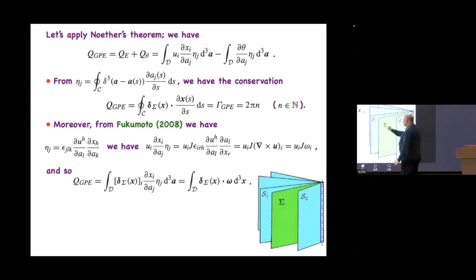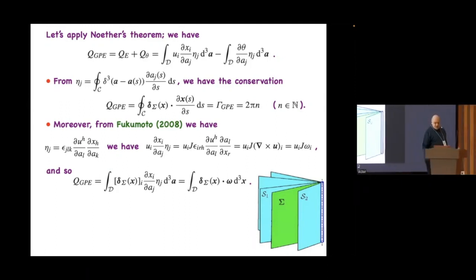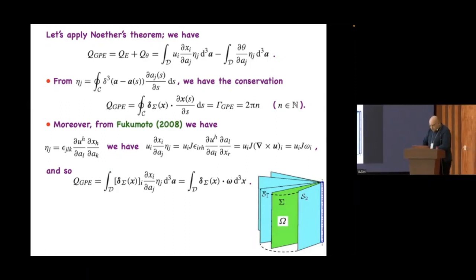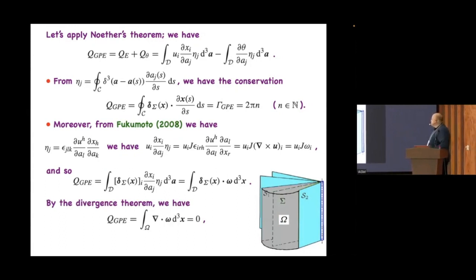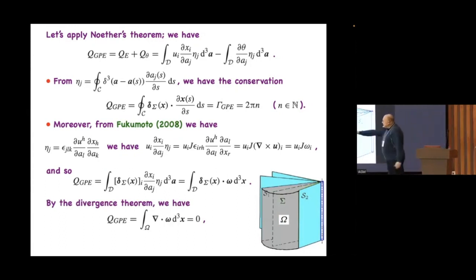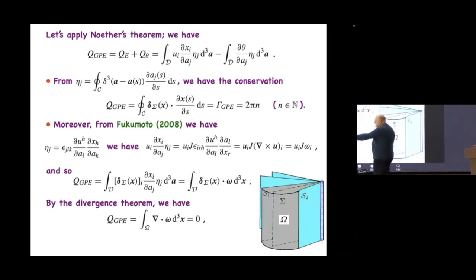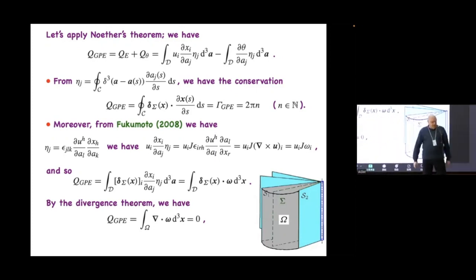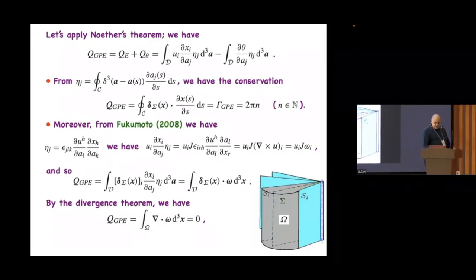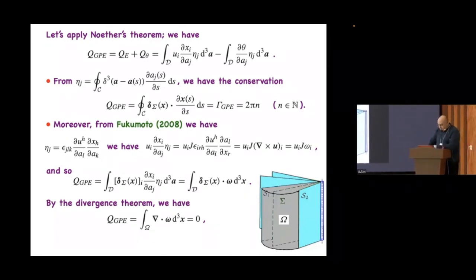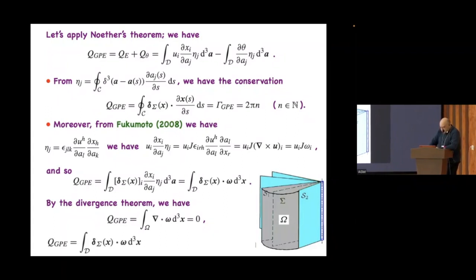You can take an average of delta function on sigma, and then you can prove that what you get for any volume is this result. And the expression of the charge is in terms of the divergence of omega. Even if omega is just expressed by Dirac, you can still show that it is 0.